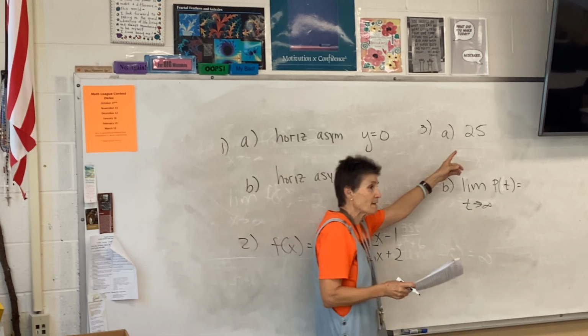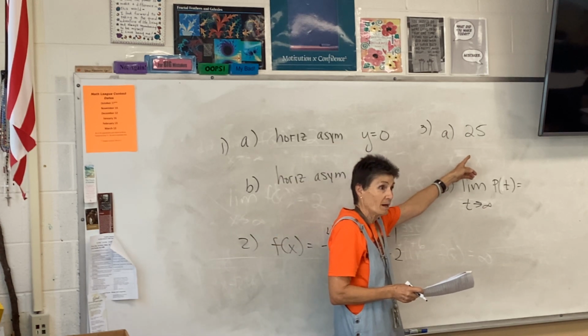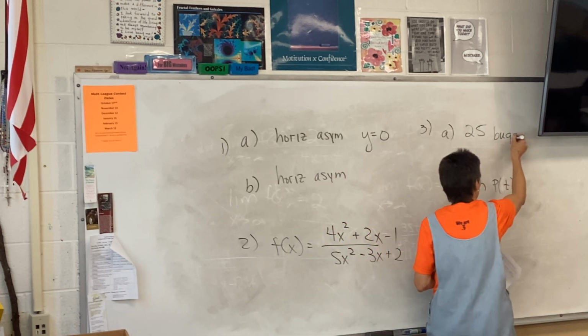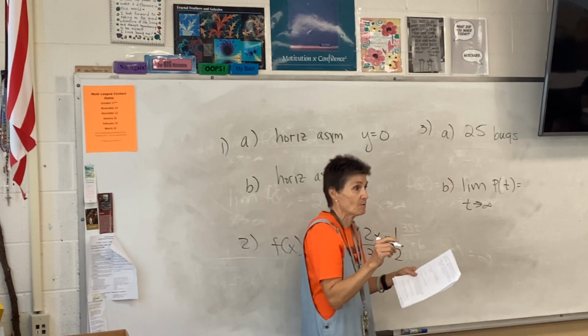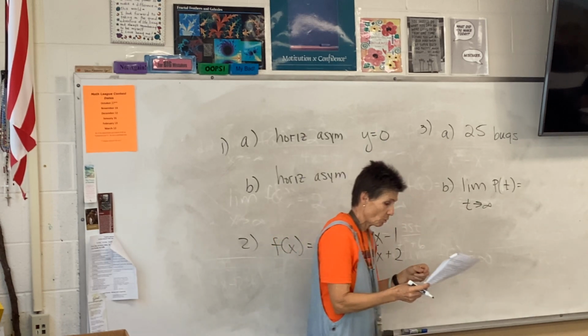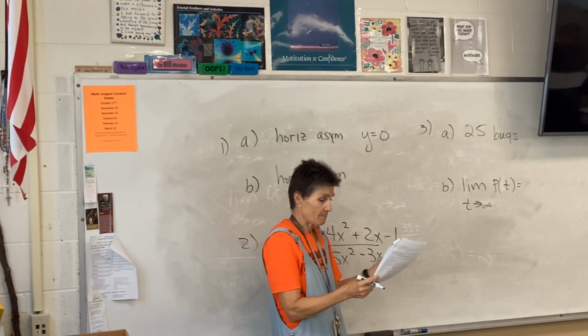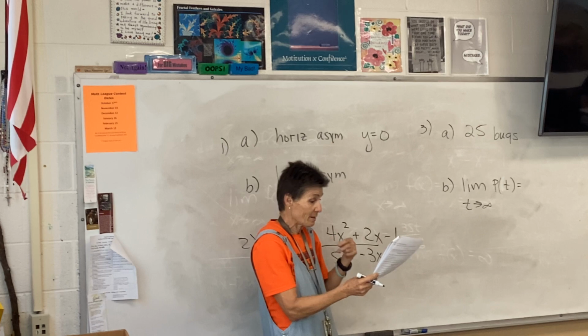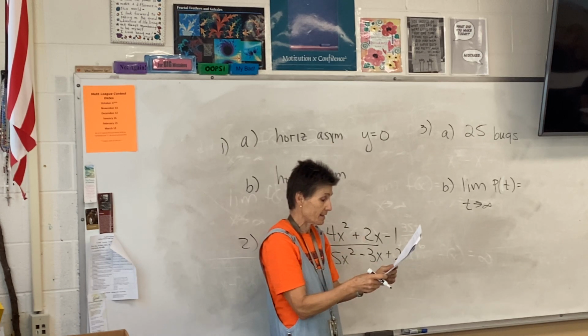So that's 25 bugs. So what does that mean? There's 25 bugs at T equals 0. They started with 25 bugs. So whatever they're doing here, they moved, picked up, and carried these bugs somewhere. They did 25 of them to start the study.